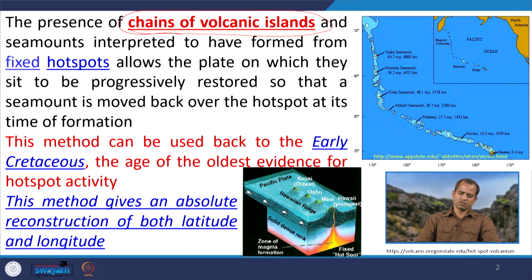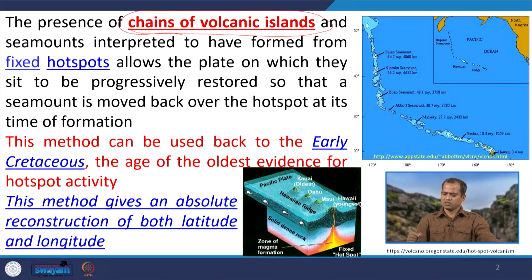If you see, we have hotspots and hotspot magma. If you can recall, we were talking about the D double prime layer, which provides the hotspot magma to rise, and the lithospheric plate is just moving over it. So at places, as the lithospheric plate moves, it is punctured by the hotspot magma.